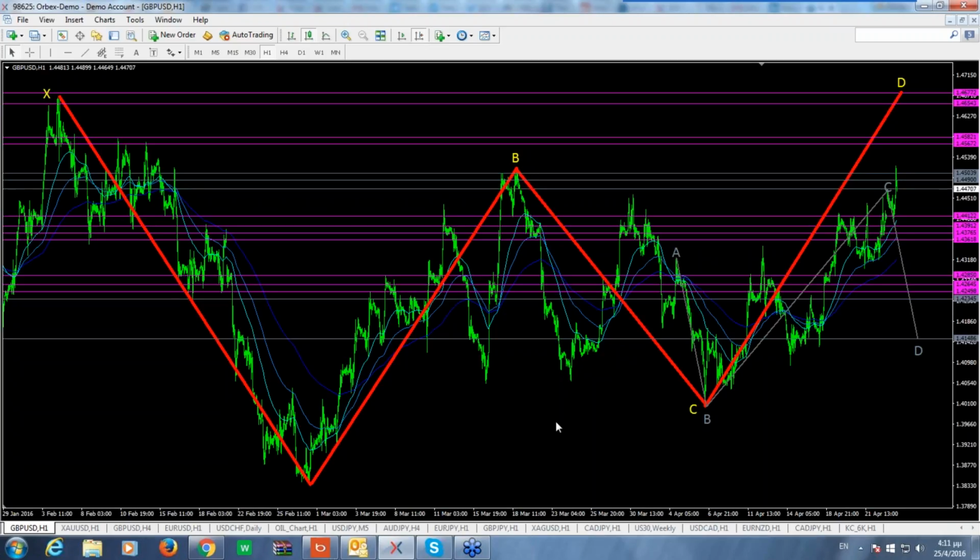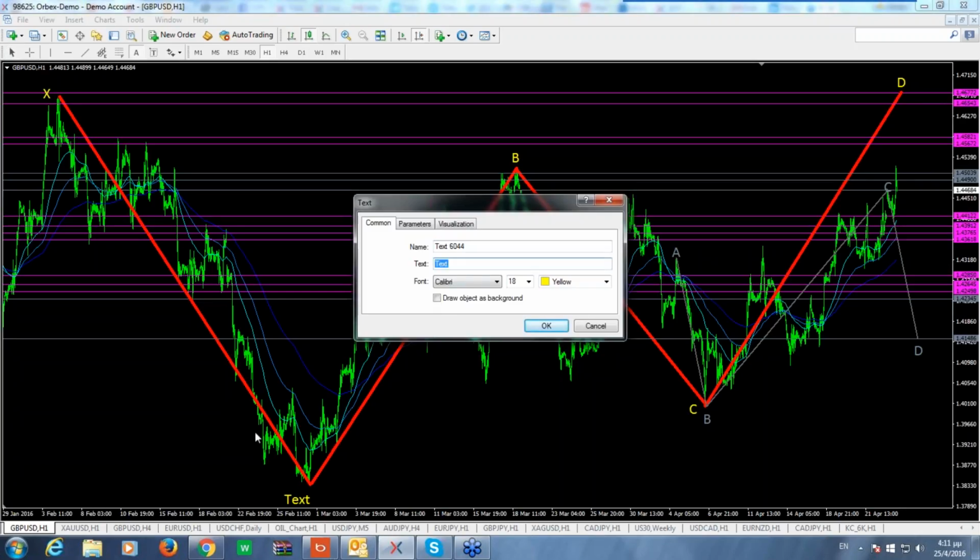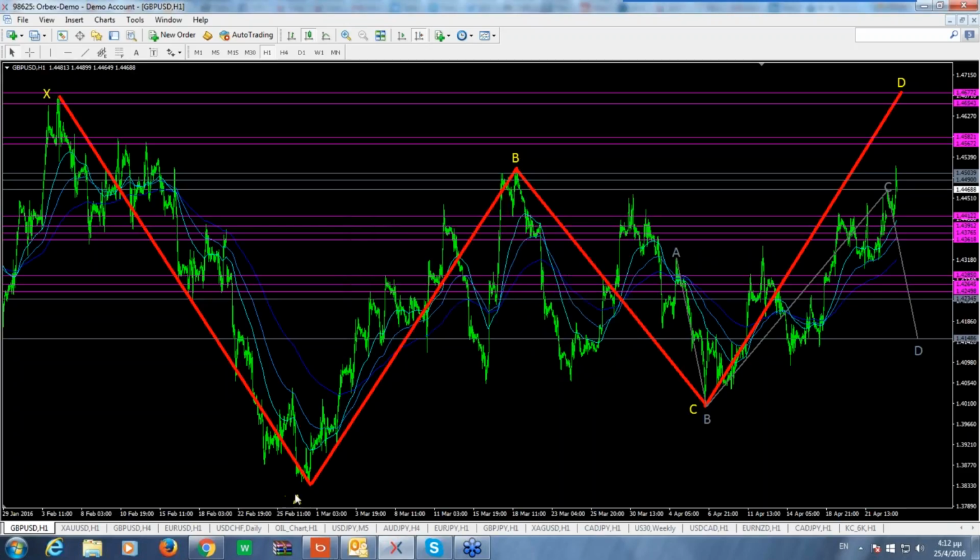This is a W pattern for the GBP versus the dollar, and it is a bearish-like pattern, which means that C is currently progressing towards D, but whether or not it will reach exactly D, I'll explain a little bit later on. There are a lot of hints by the pattern itself, showing us some rise, but lots of corrections as well for the pound versus the dollar.